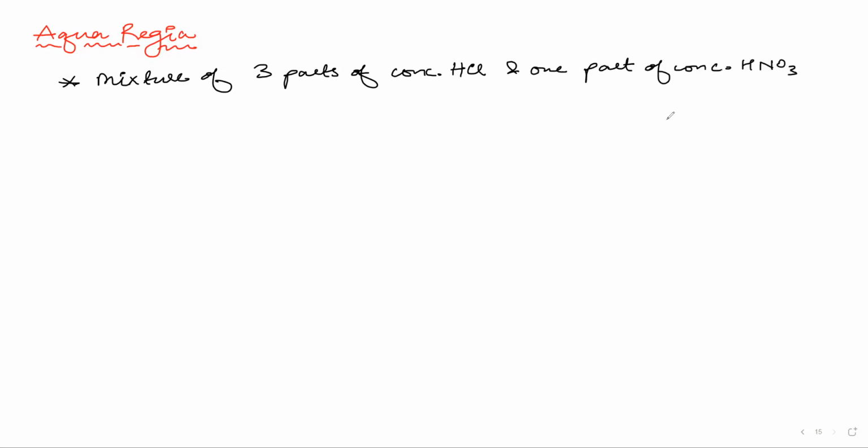Okay, it is a mixture of 3 parts of concentrated HCl and 1 part of concentrated HNO3. The most important use of this is for dissolving of noble metals. What are the noble metals?